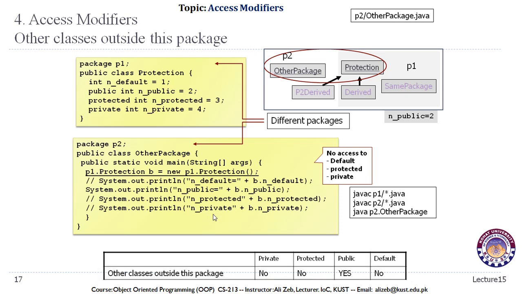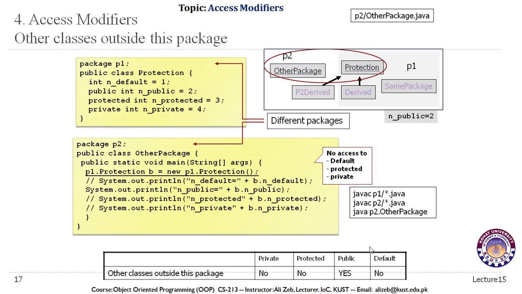Other classes outside of this package, which is not a subclass of this protection class, we cannot access the private variables, of course. We cannot access the protected variables, which we were able to access when we had a subclass of the protection class in the different package, and we were not able to access the default variables, and we cannot access the default variables in this case as well.